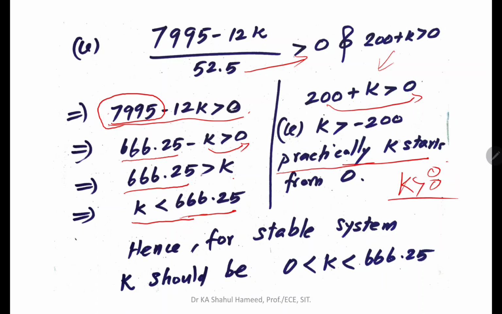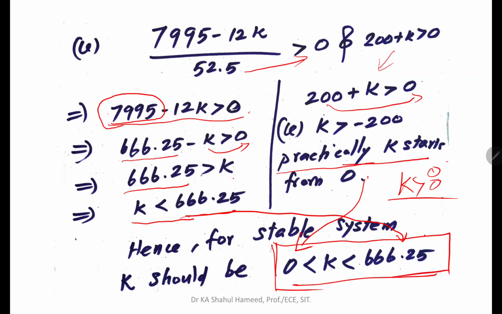So for a stable system, the range of k value is, from the first condition, 0 less than k less than the second one, 666.25. So these are the possible values of k so that the system is stable. This means in this range the system is stable. If it is beyond that range, the system may not be stable.